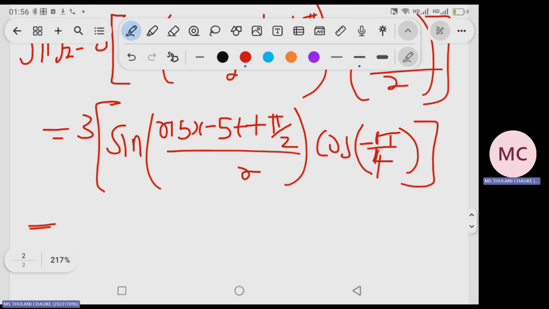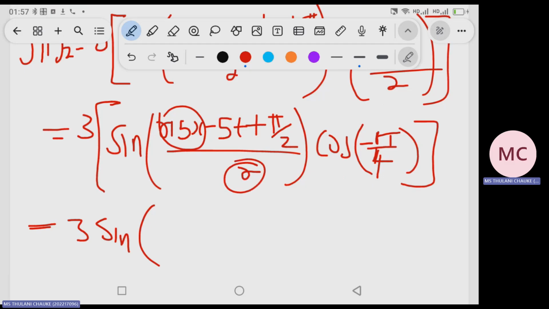Then this will be equal to 3, the sine of what? The sine, then we can divide 0.5x by 2, then we'll get 0.25x minus 2.5t.